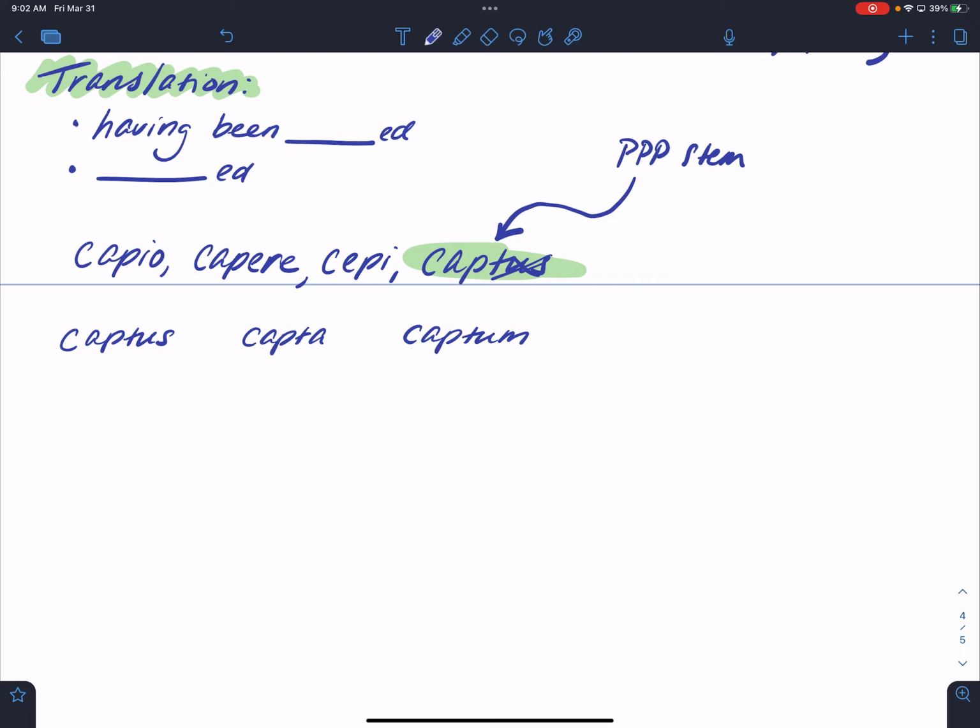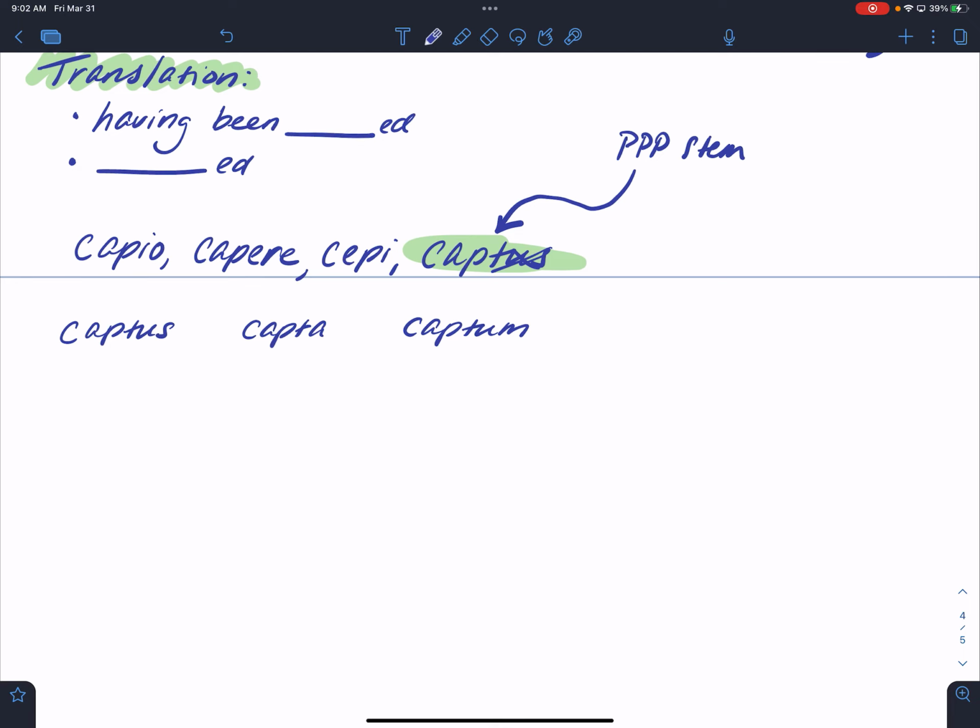Okay, now, this column is going to be masculine, this is going to be feminine, and this is going to be neuter. All right, so honestly, it might just be easier to do them kind of down-wise. So let's start with the masculine. Where am I getting these endings from for masculine? What declension? Second declension.